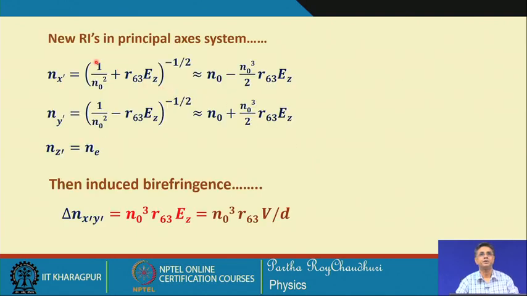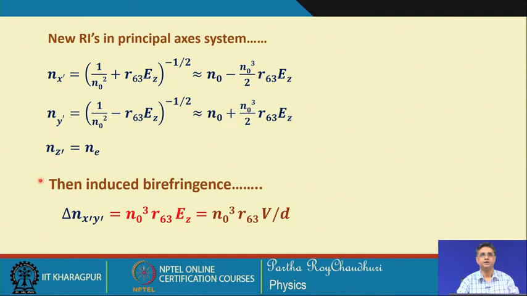So, with respect to the new principal axis system under the electric field, you have n x dash equal to this, which with this approximation can be written as this, and n y dash with this approximation can be written in this form. Therefore, knowing this n x dash and n y dash, we can calculate the birefringence.